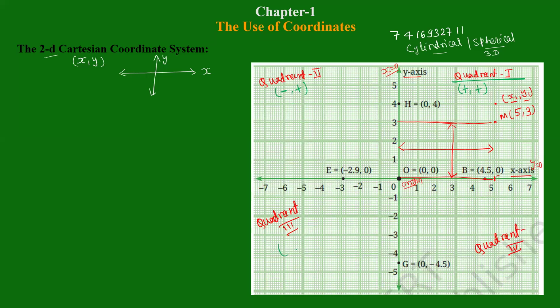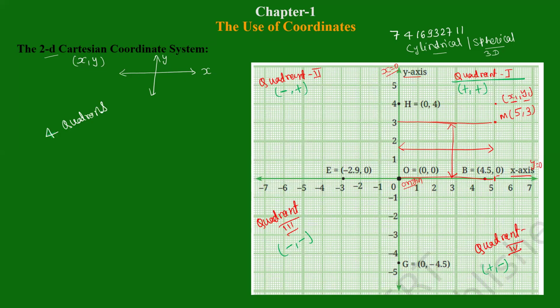Similarly, in quadrant 3, both are negative: x is negative, y is also negative. And in quadrant 4, x is positive, y is negative. These are important points you should keep in mind. Okay. So how many quadrants do we have? We have a total of 4 quadrants here.